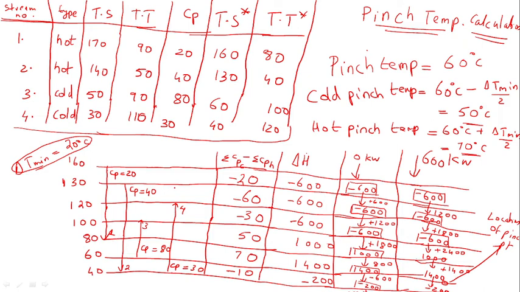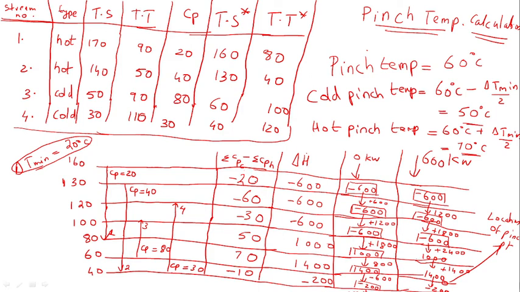Then for stream 2, 130 to 40. Then stream 3 is heated from 60 to 100. Then we need to mark all the CP values together with them, like all the specific heat values also should be marked.